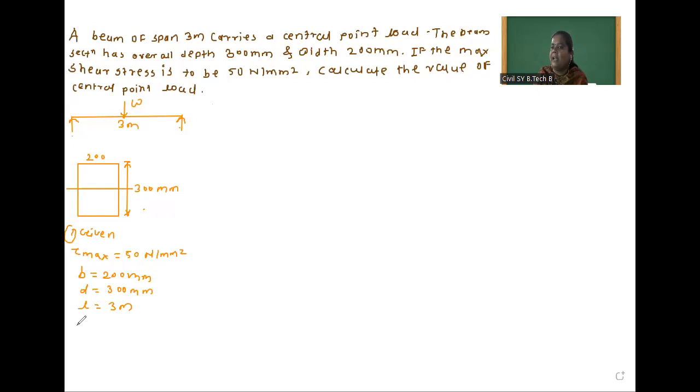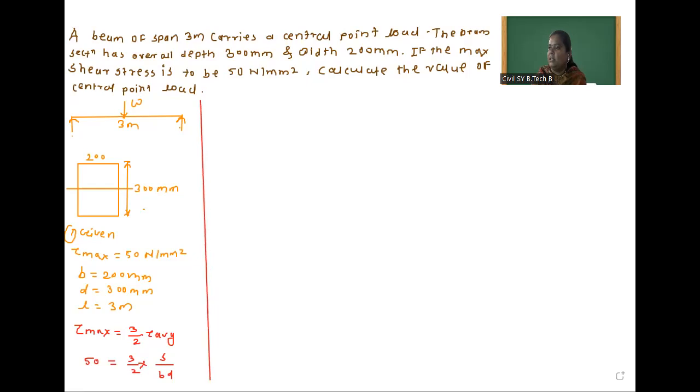Now, first we will calculate shear force. So we will apply tau max, which is equal to 3 by 2 tau average. So tau max is 50, which is equal to 3 by 2, and the equation for tau average is S divided by BD. And value of B and D is available with you.